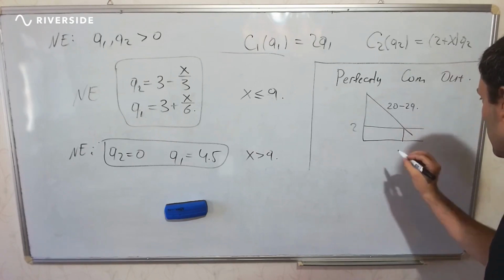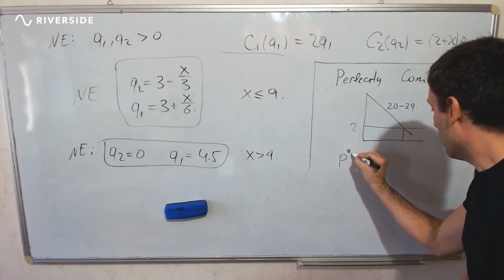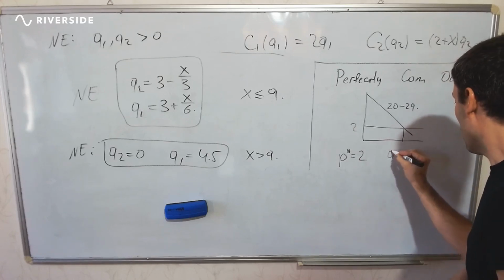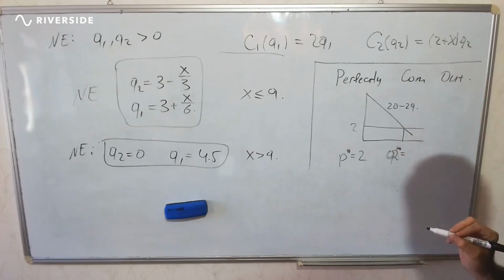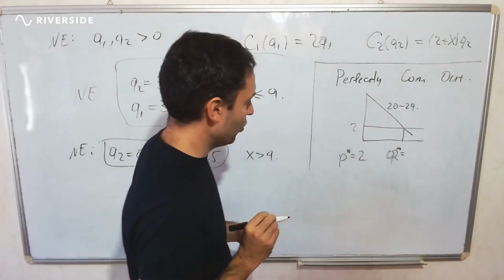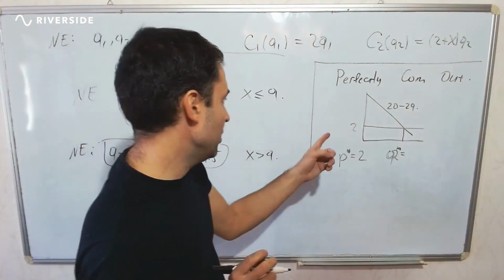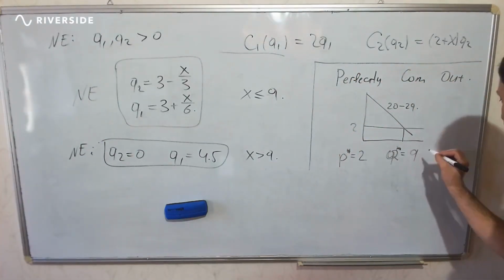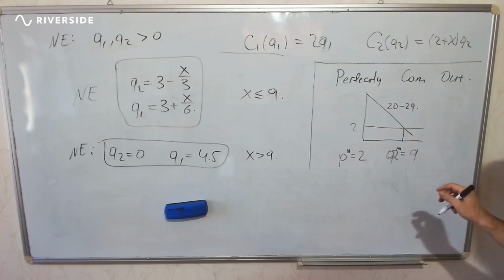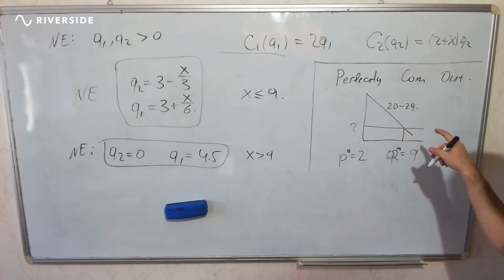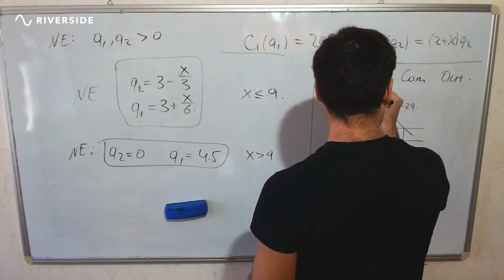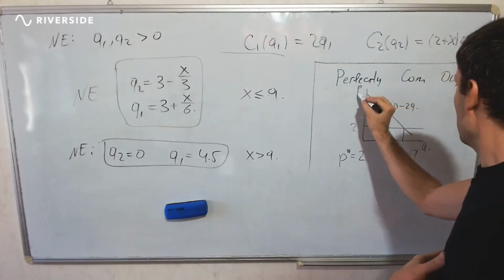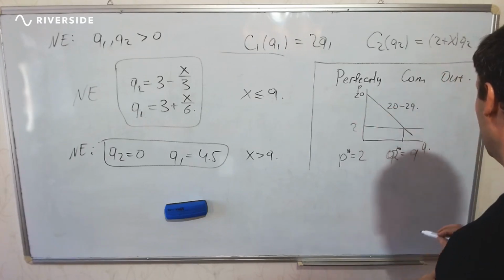So in the perfectly competitive outcome, we have P equals 2, and Q star is 9.